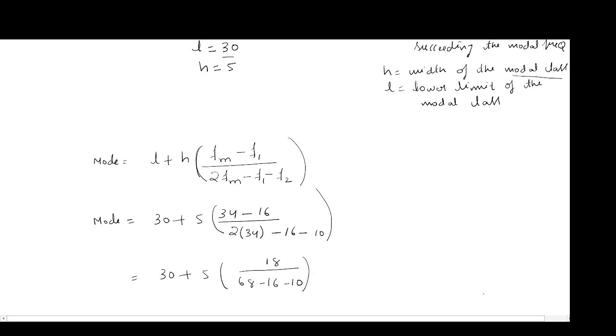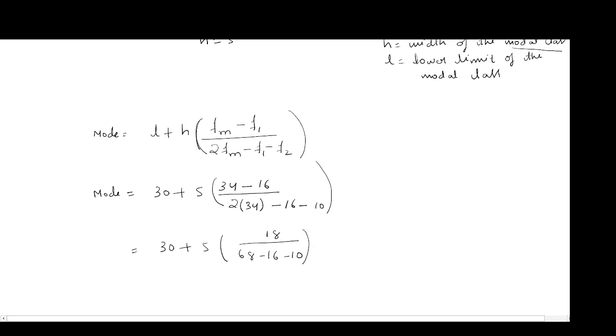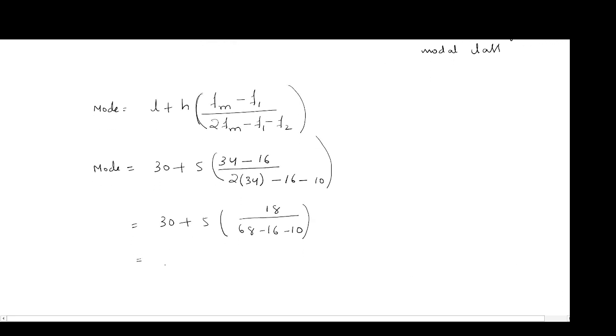So step by step calculation should be made always. Now keep the 30 as it is because L and H are different terms. 5 as it is, again solve the bracket. 18 divided by 68 minus 16 minus 10, that is 42.